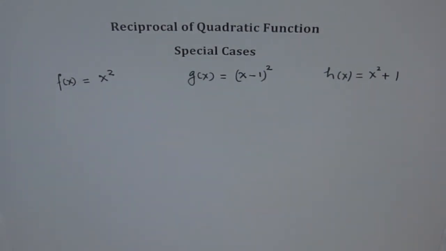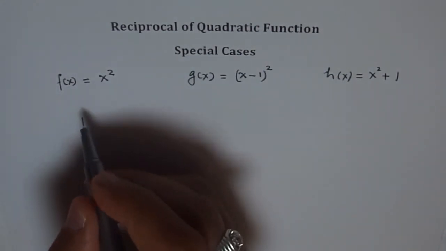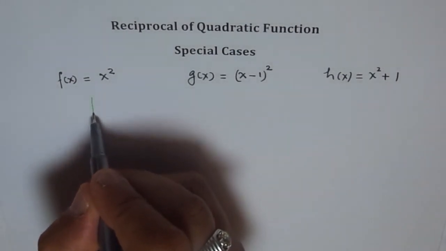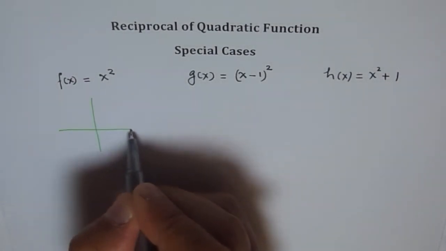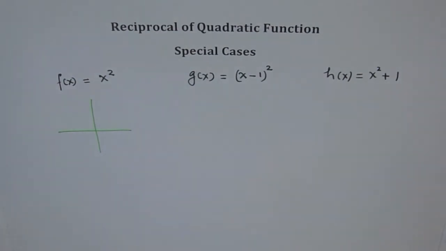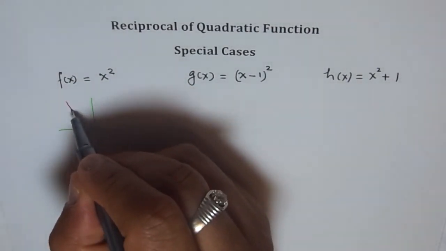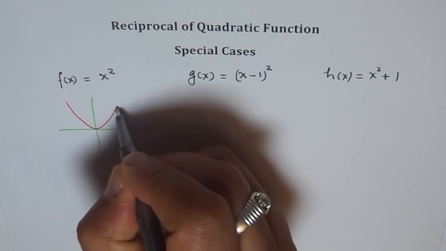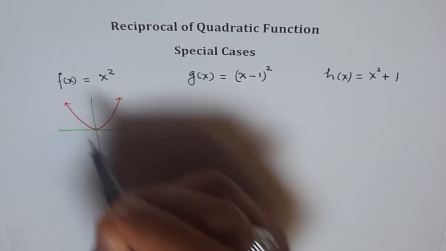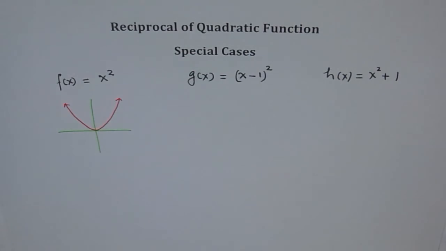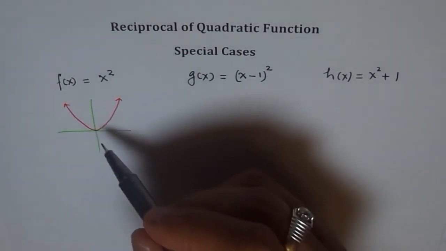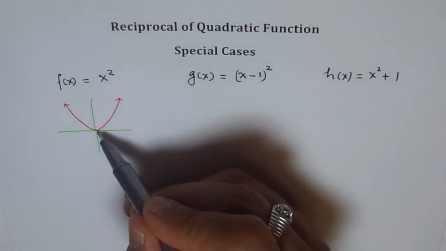And to show you graphically, here is their graph. Let's consider this function. So if I have to graph this function, f of x equals to x square, it will be something like this. Correct? And if I have to do its reciprocal, then at this point I have a 0, right?